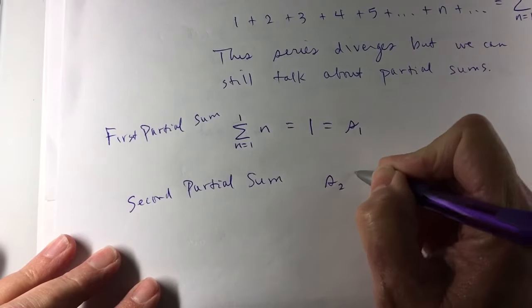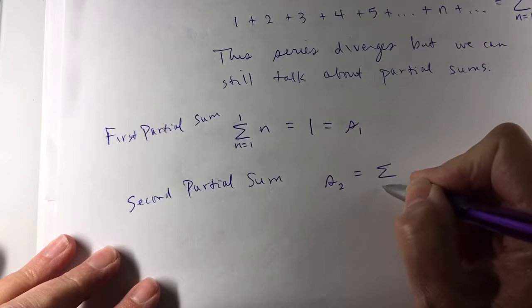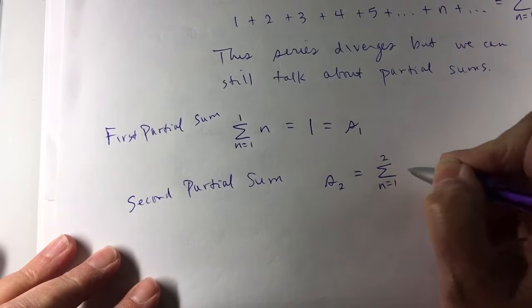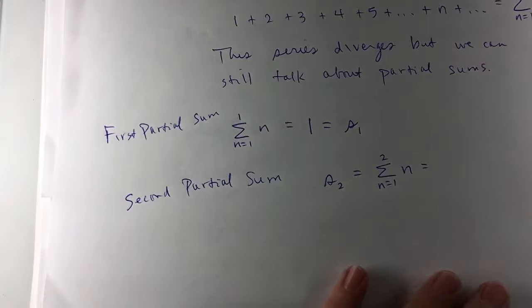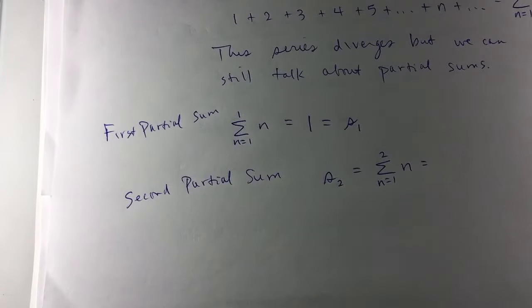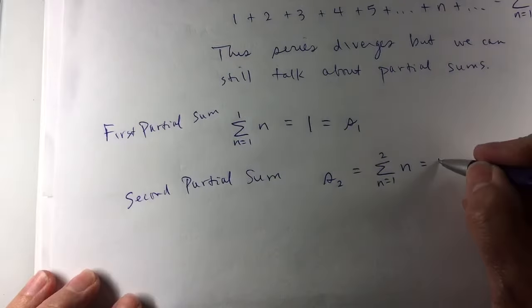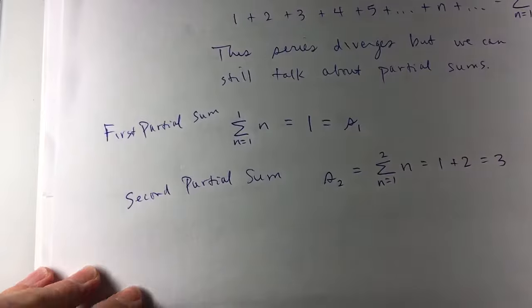It's S sub 2. And it's going to be the sum as n goes from 1 to 2 of n. And what will that be? 3, because 1 plus 2 is 3.